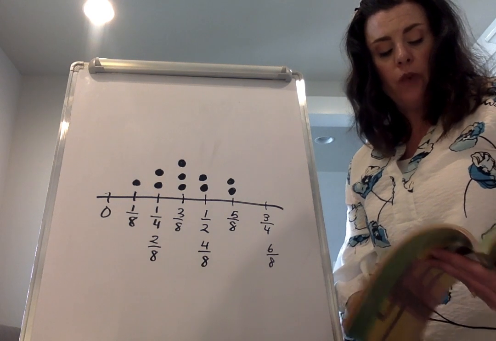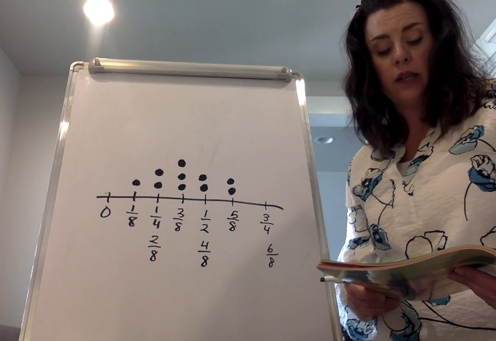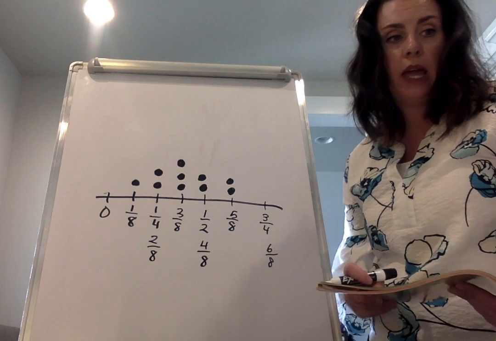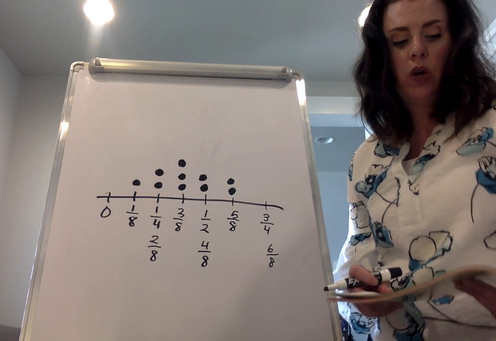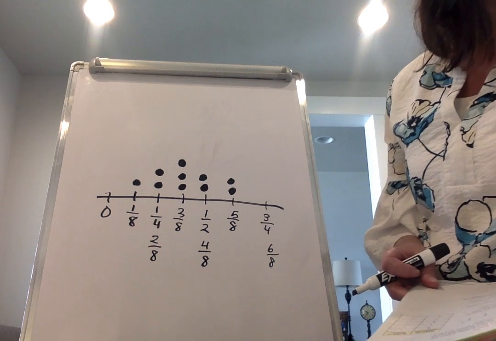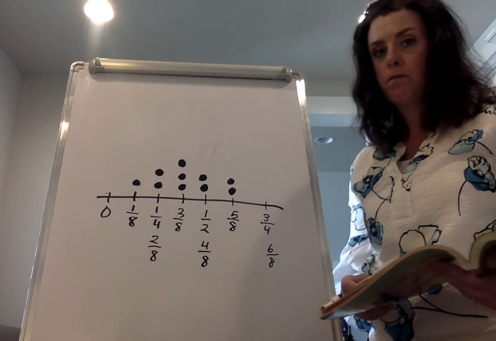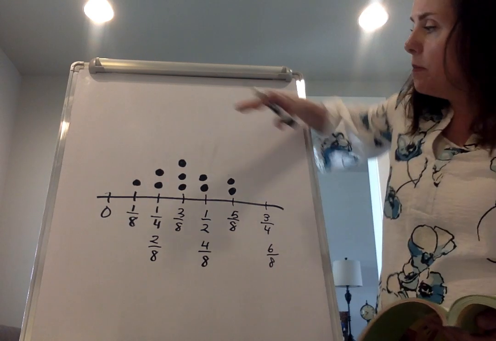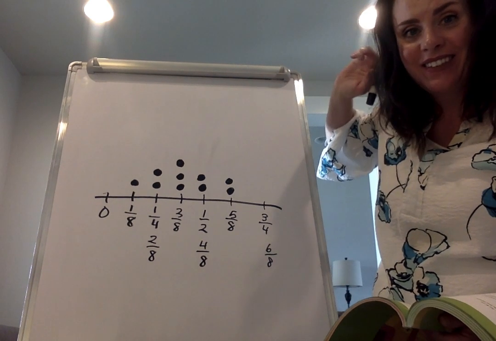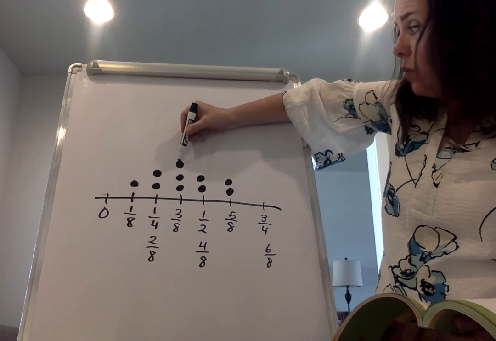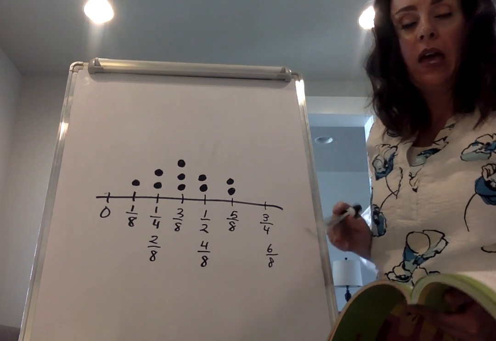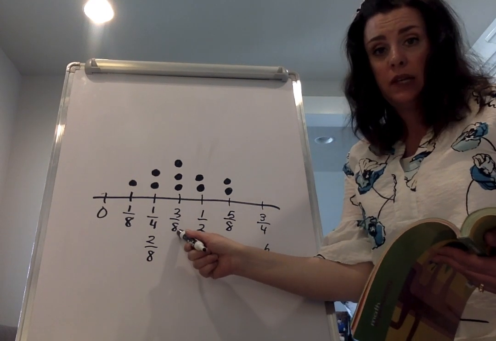Okay, number 4, what is the total weight of the samples weighing 3/8 of a pound? How many samples weigh 3/8? 3, right? 1, 2, 3. And we know they each weigh 3/8 because that's what it's listed.